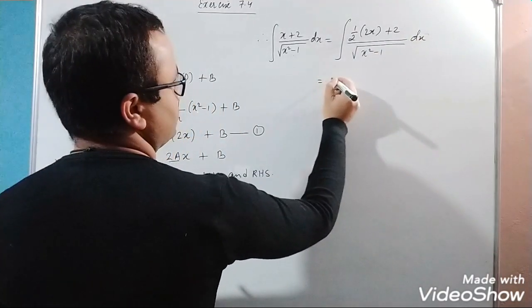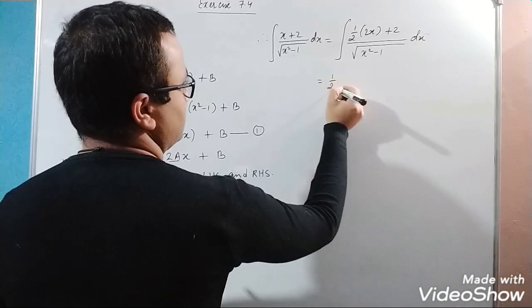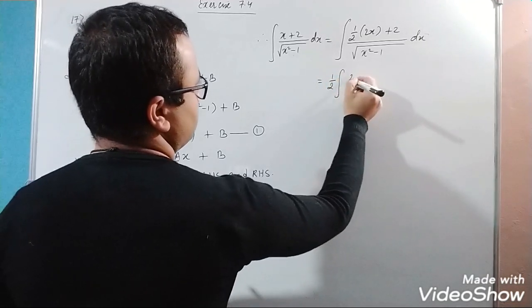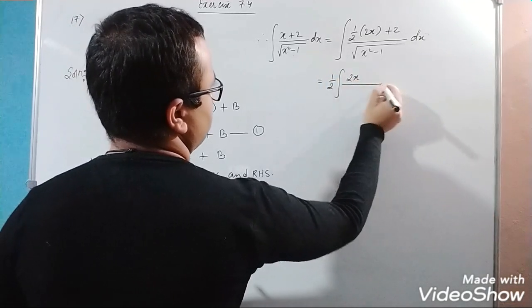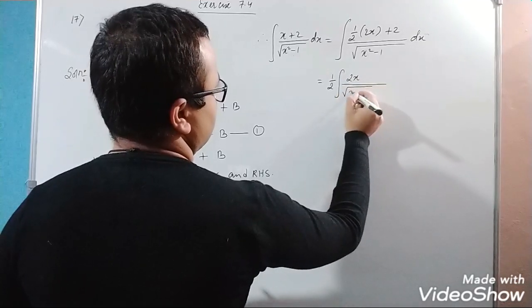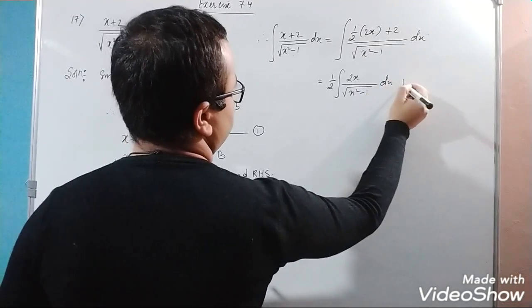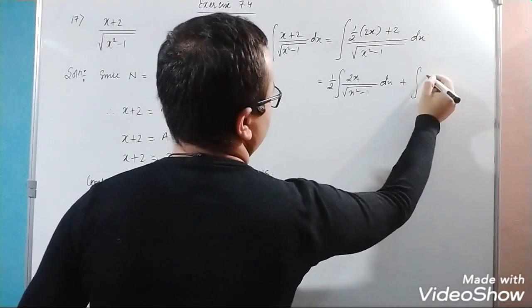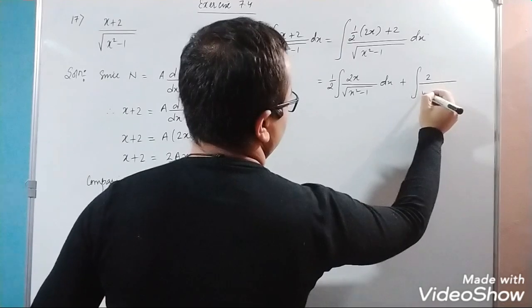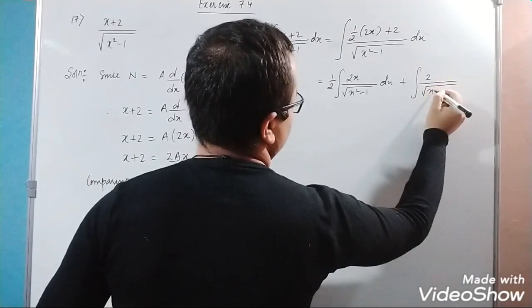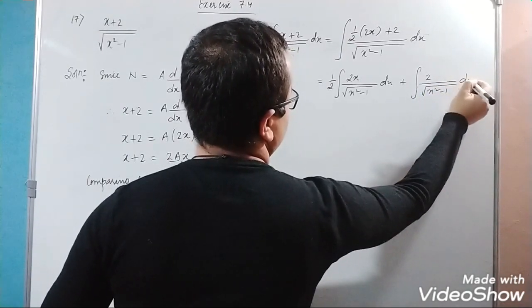Now separate it: half the integration of 2x by root under x square minus 1 dx, plus the integration of 2 by root under x square minus 1 dx.